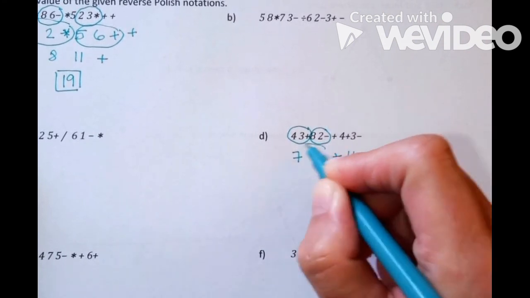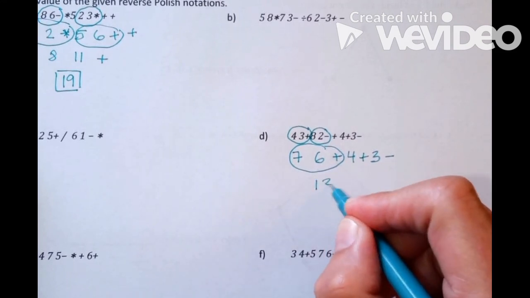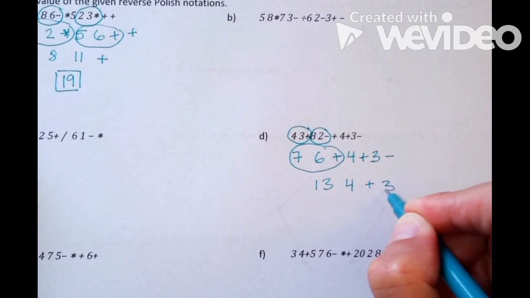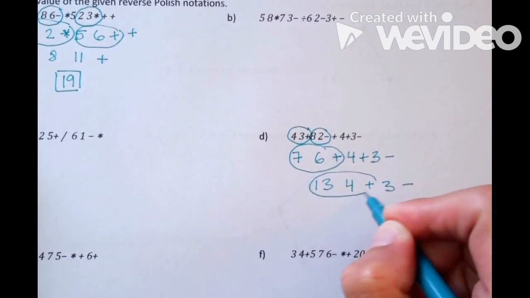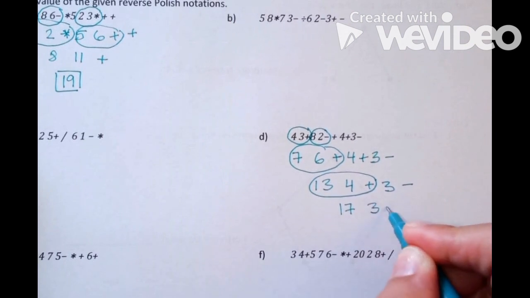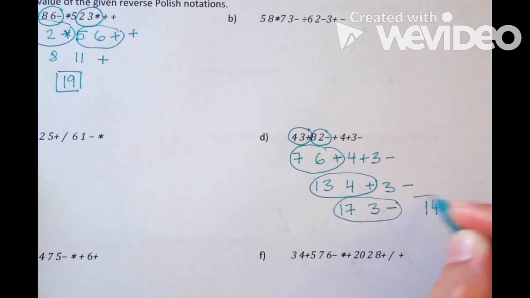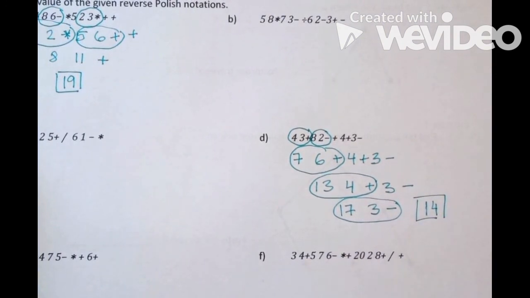And then the other two is 7 plus 6, so that will be 13. There's your 4, plus, 3, minus. There's your other two numbers. 13 plus 4 is 17, and there's your 3. 17 minus 3 is 14. That's reverse Polish notation.